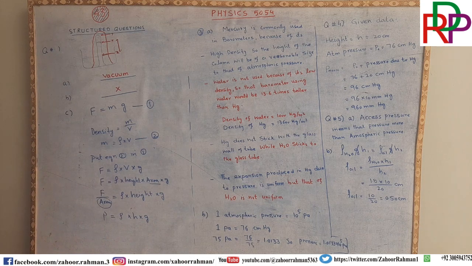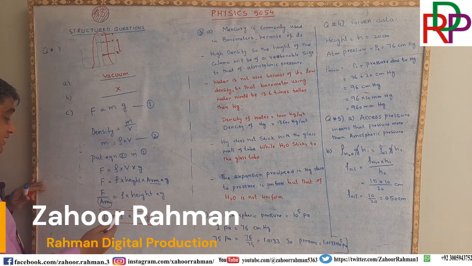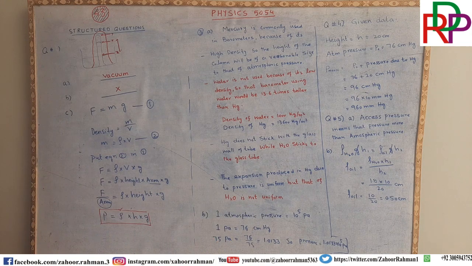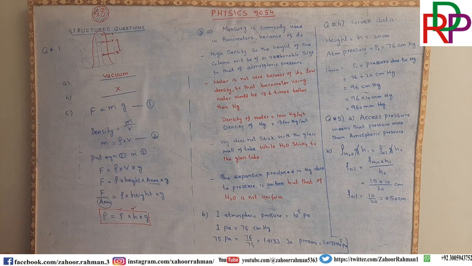Now, ladies and gentlemen, from this equation we can see that pressure only depends on the density of the liquid we are using in the barometer. The height also affects it, and the value of G. This is directly proportional, but it is independent of the diameter. There is no mention of diameter inside this formula.